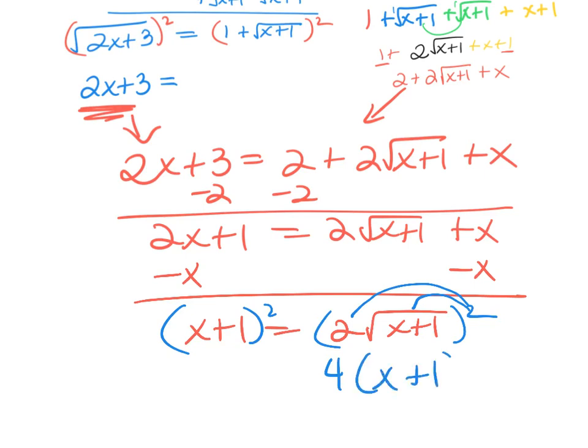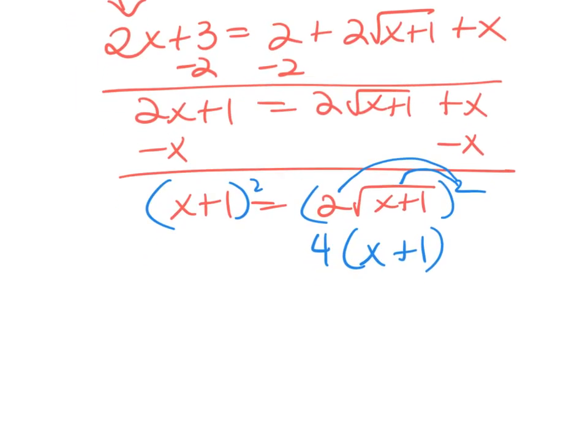So this becomes 4 times x plus 1. The left side you have to FOIL, and it's going to become x squared plus 2x plus 1. I now need to distribute and get 4x plus 4.